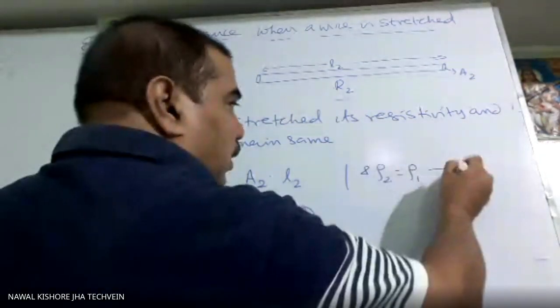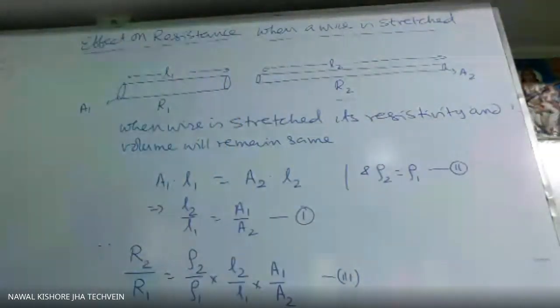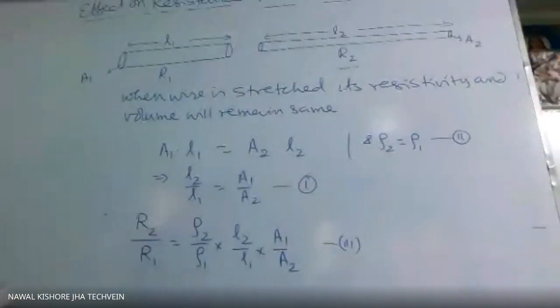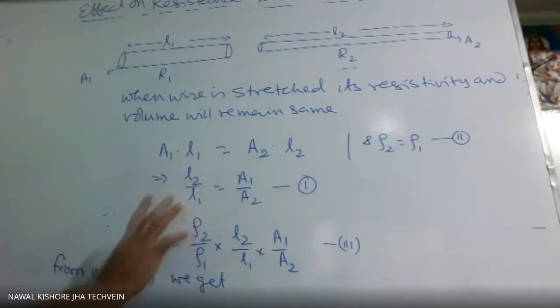Okay, suppose this is your first, this is second, and this is third. So combining all the relations, what will you get? Rho 2 by rho 1 is 1.